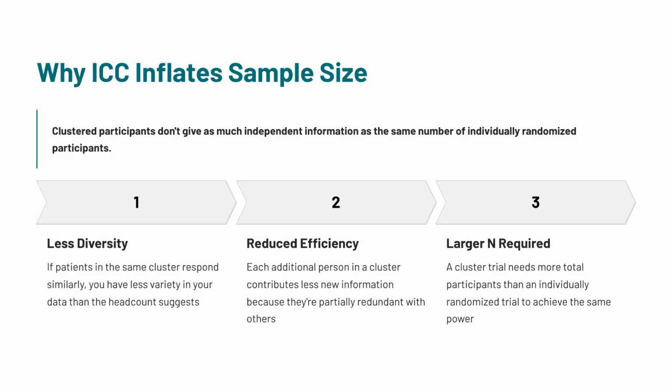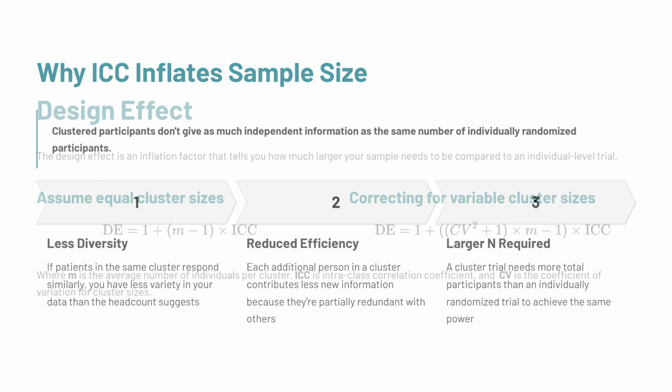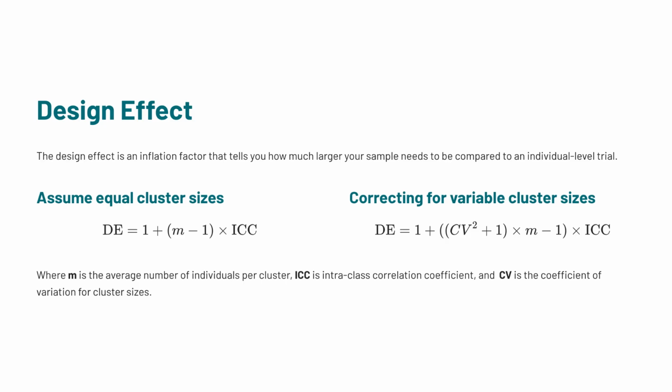So, to achieve the same statistical power, a cluster randomized trial generally needs a larger total sample size than an individually randomized trial. We account for this loss of information by using an inflation factor in our sample size calculations, often called the design effect. The design effect tells us how much larger our sample needs to be compared to an individual level trial.